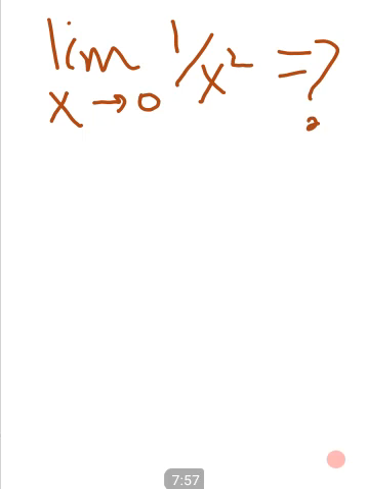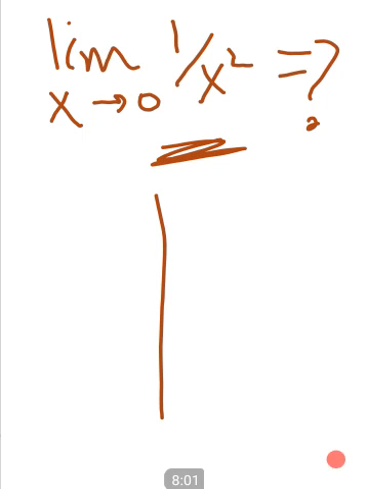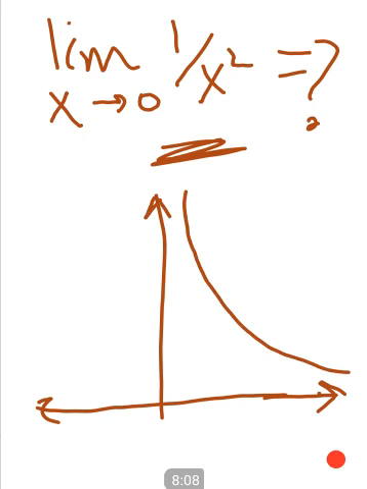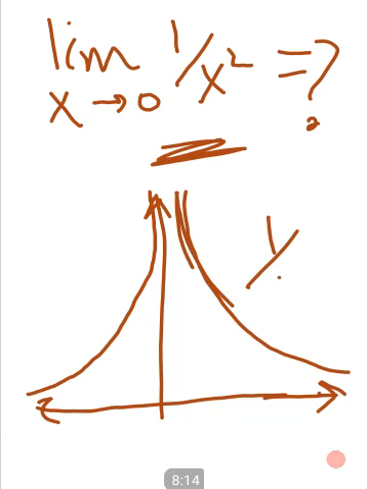Limit as x approaches 0 of 1 over x square. Now that looks a bit like the previous one, but this limit is defined. I draw the graph. This is also a standard curve. That's the graph. So this is the graph of 1 over x square.